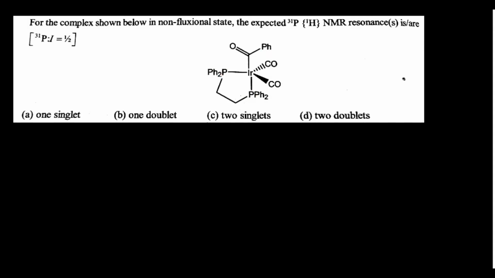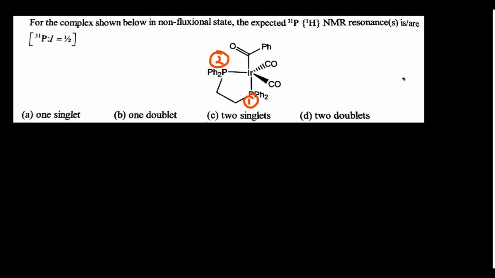So here you can see this phosphorus, this above phosphorus is in the environment of this carbonyl, while this phosphorus is in the environment of this CO. So here you see phenyl phosphine type things, and for this phosphorus your carbonyl is there. That means the environment of these two phosphorus is different. That means these two phosphorus are of different kind. When they are of different kind, I can mark this as phosphorus 1, and I can mark this as phosphorus 2.